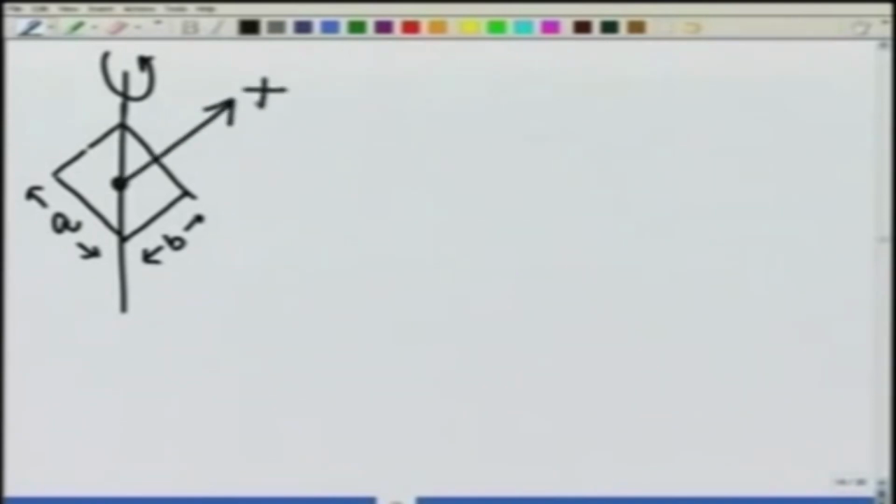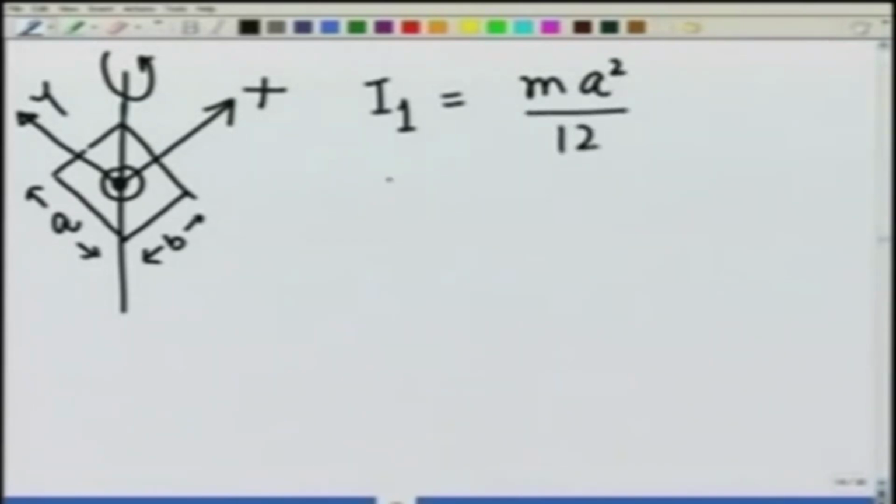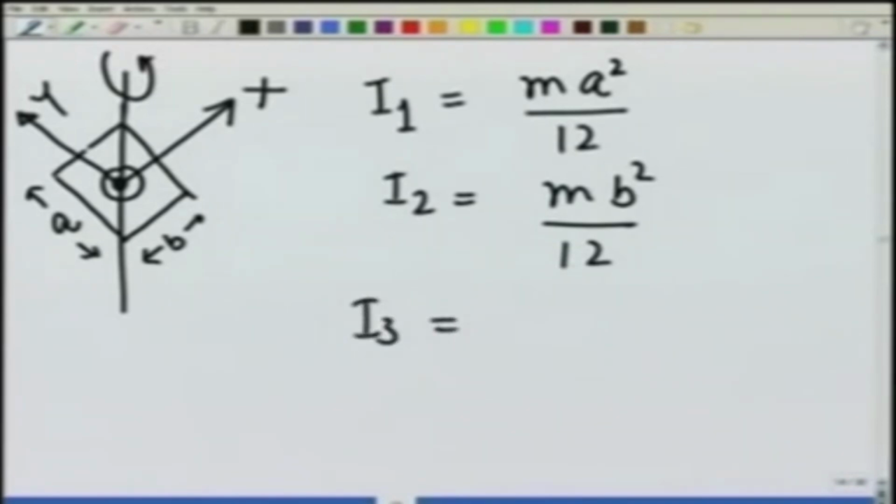Let us call this x axis, this y axis, and the z axis is coming out of the plane. If the mass of the rectangle is m, then I1, that is Ixx, is going to be m a square over 12. I2 is going to be m b square over 12, and I3 is going to be m over 12 times a square plus b square.